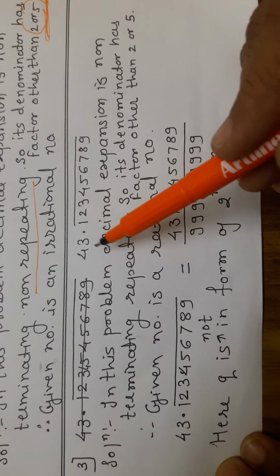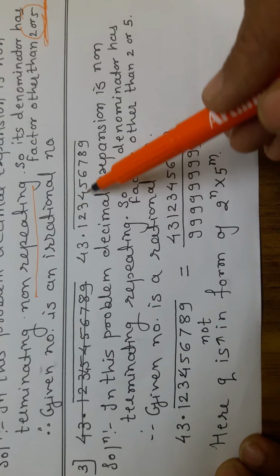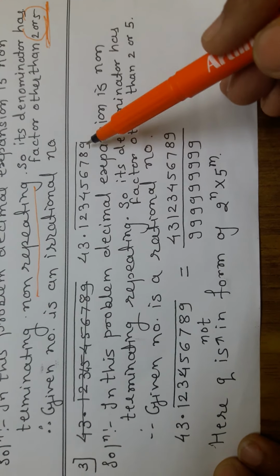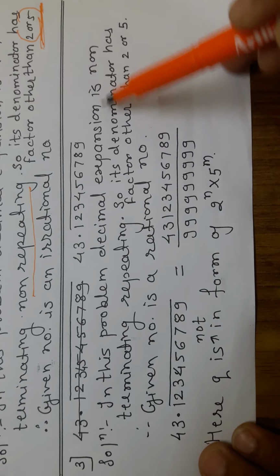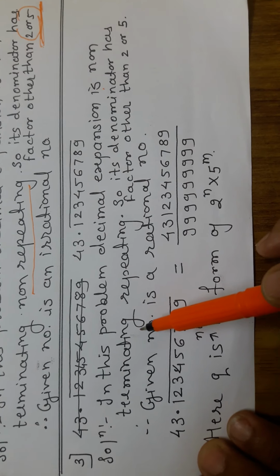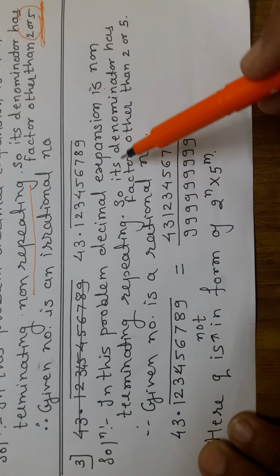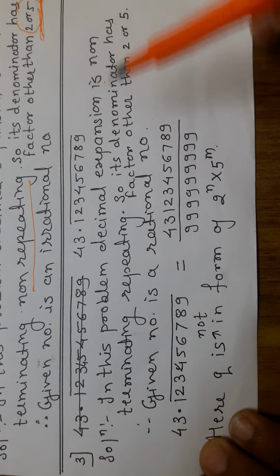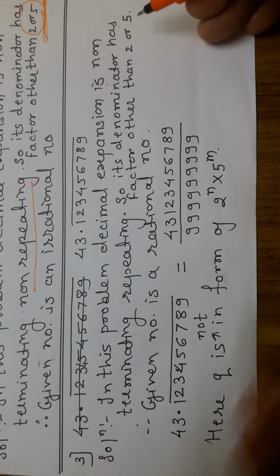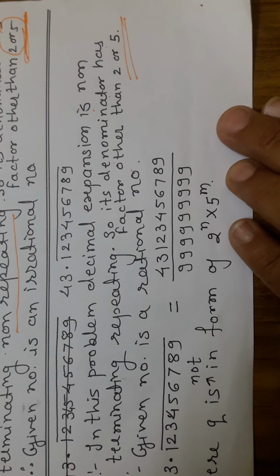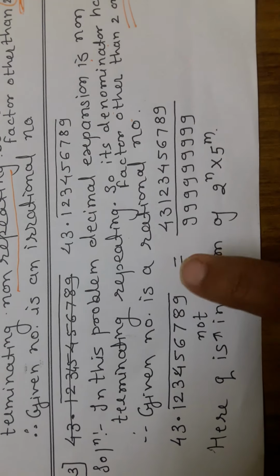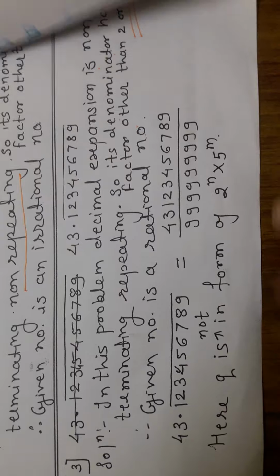Third problem, 43.12345678 bar. In this problem, the decimal expansion is non-terminating, repeating. So its denominator has a factor other than 2 or 5, meaning 2 and 5 will not be the factors. Therefore, the given number is a rational number.